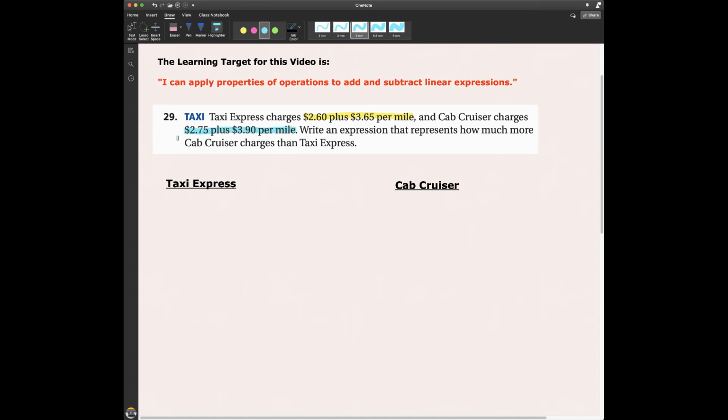So there's an initial fee of $2.75, and then every mile you will give them $3.90. All right, so we want to write an expression that represents how much more cab cruiser charges than Taxi Express.